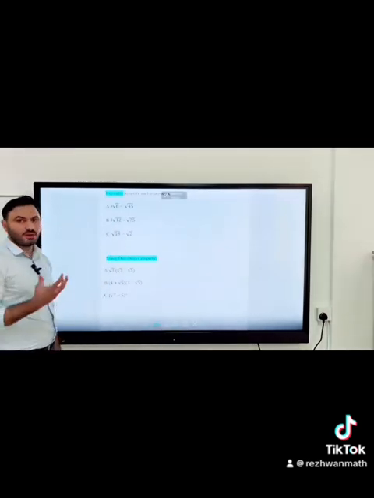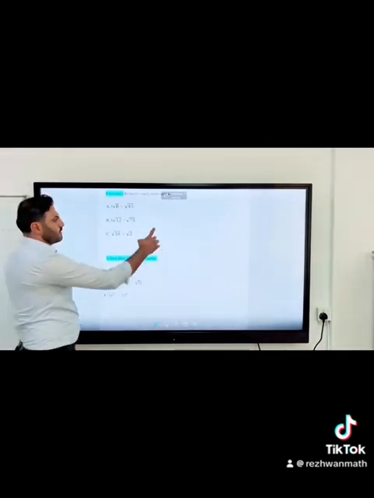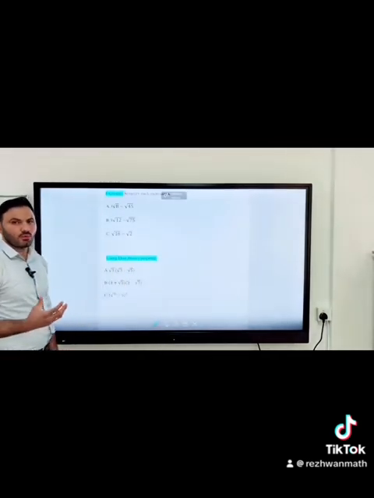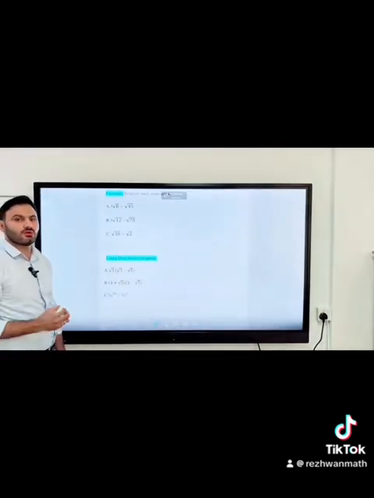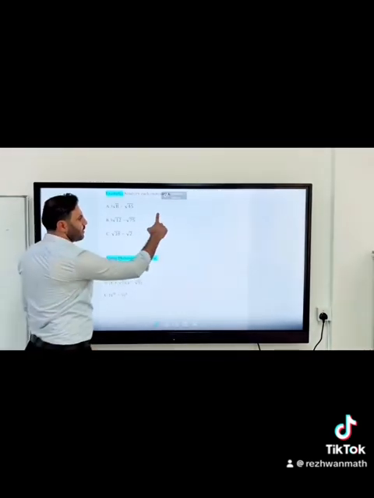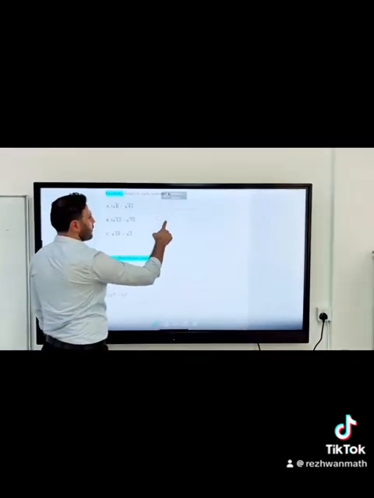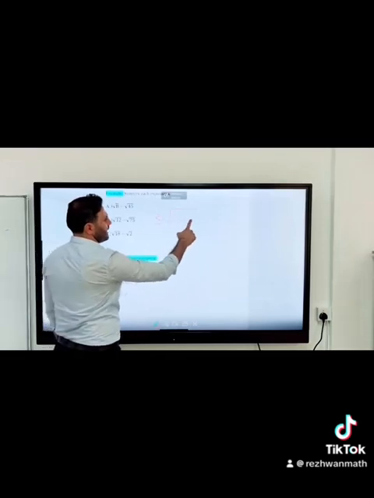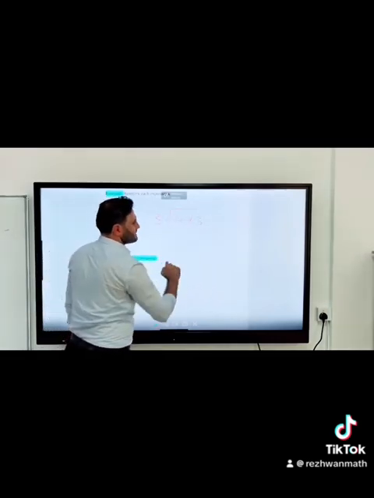But which one is a perfect square? 3 times 4, we get 12. Because 4 is a perfect square, we have to choose 3 times 4. So 3 square root of 4 times 3 minus.